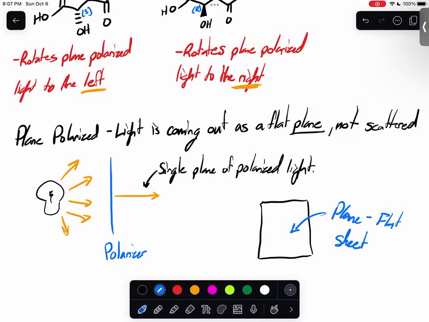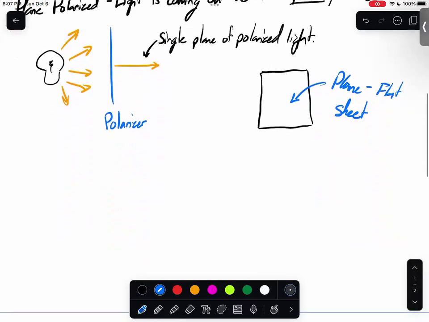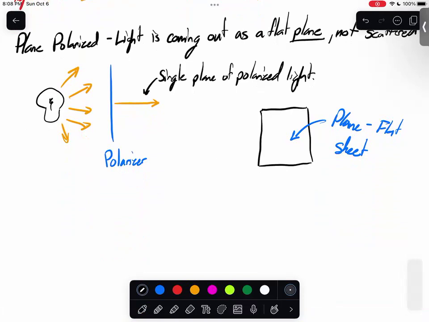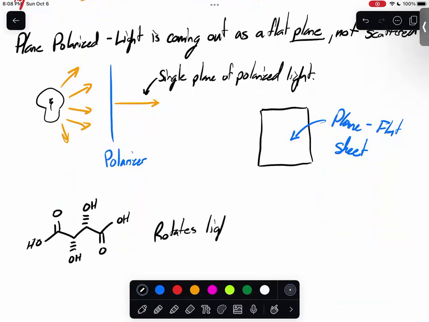So if we take a look at that tartaric acid that we brought up originally, we said that the SS enantiomer, where both of these alcohols are on dashes, we said this rotates light leftwards. Okay, so what does that actually look like?